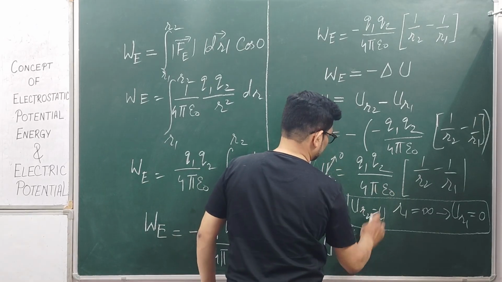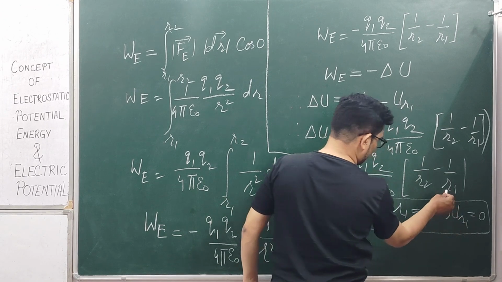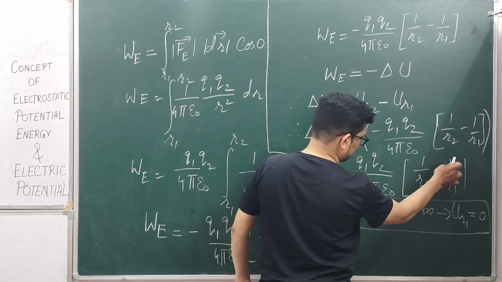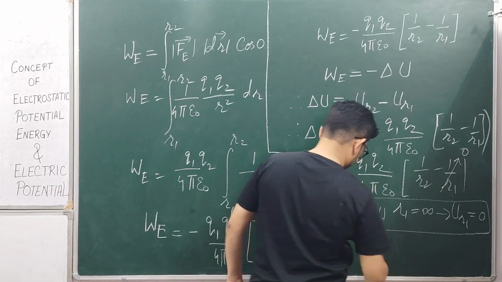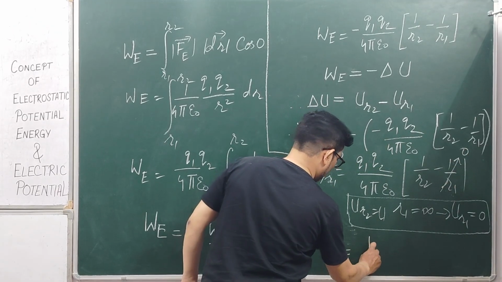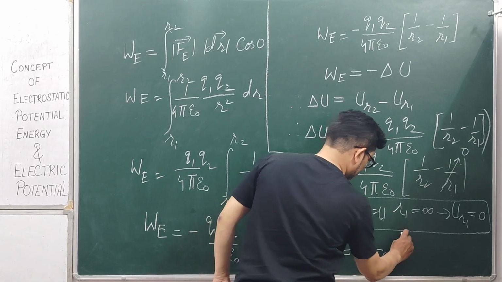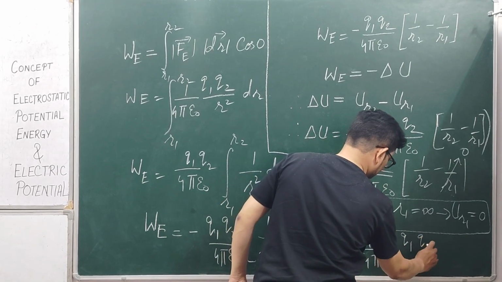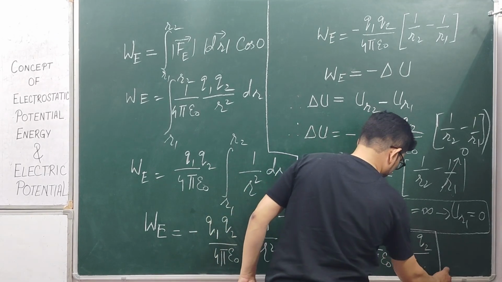This comes out to be 0, then R1 is infinity, which means that 1 by infinity comes out to be 0. So we are left with 1 over 4 pi epsilon naught Q1 Q2 by R in the denominator.